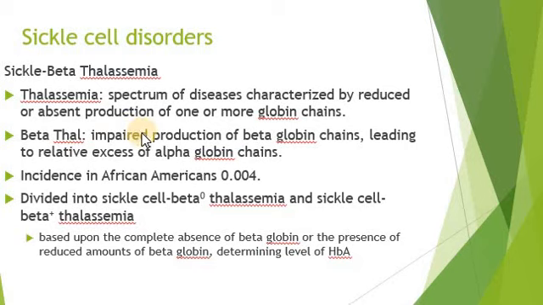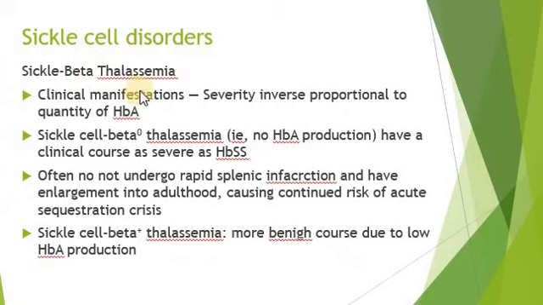Beta thalassemia is impaired production of the beta globin chains, leading to a relative excess of alpha globin chains. It is divided into sickle cell beta thalassemia, and sickle cell and thalassemia can be partially associated with each other. Beta thalassemia is the more serious one, and it is inversely proportional to the quantity of hemoglobin A. Sickle cell beta-zero thalassemia means there is no HbA production and a clinical course as severe as simple sickle cell disease.